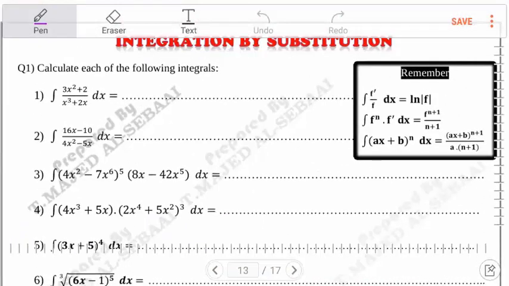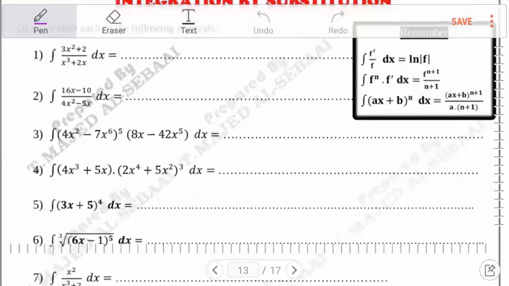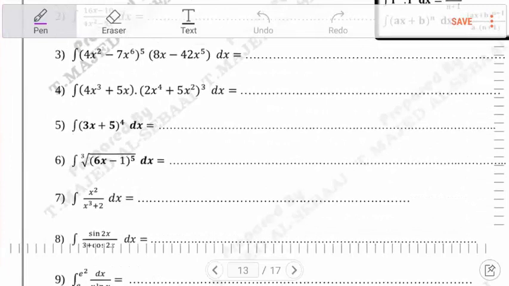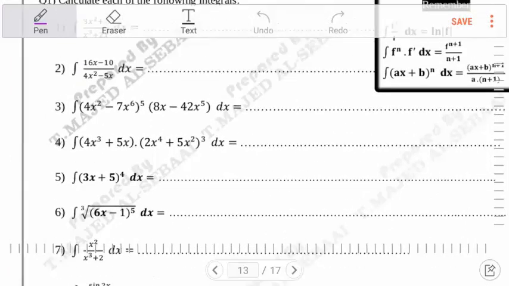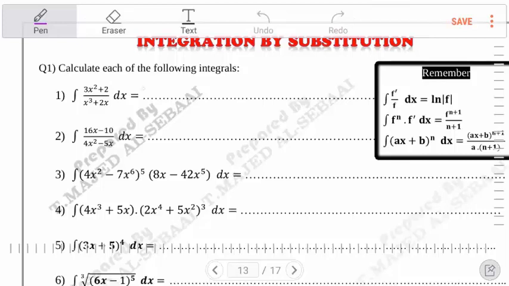I think you remember this. The first one. This is revision, question 1, 2, 3, I think to question number 6. They have all been done before. The first one is integration of f dash over f, right?